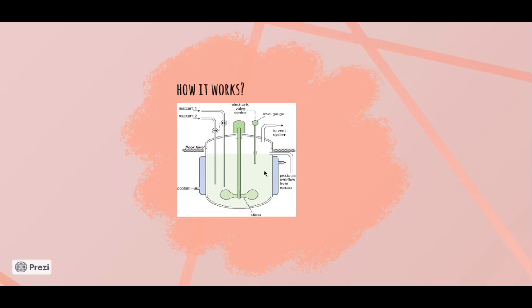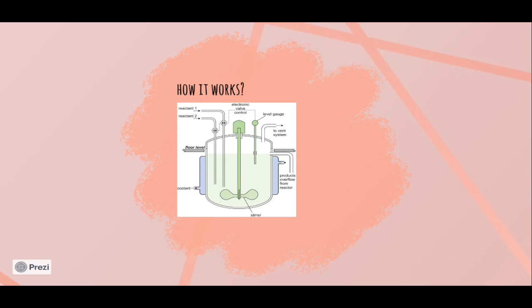Or the reactant will be heated for the reaction to take place, and will be cooled.